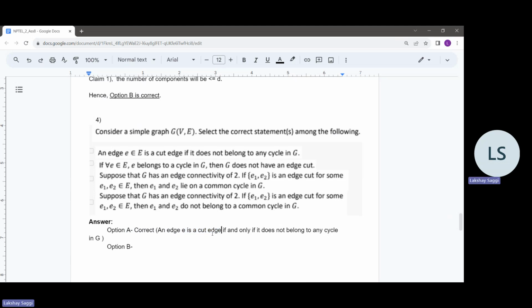Because as I defined previously, an edge is a cut edge if and only if it does not belong to any cycle. If all edges belong to some cycle, then no edge can be a cut edge in that graph. So that sort of claim is okay.